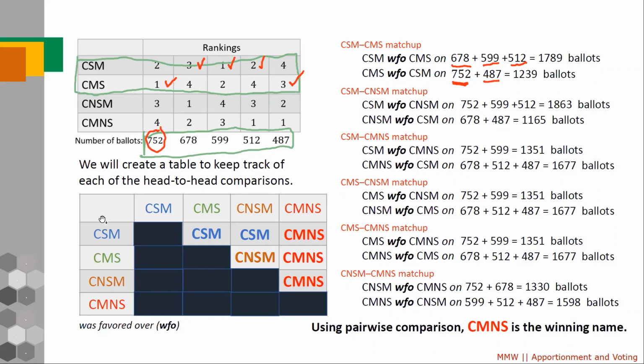CSM, ma'am. So we put CSM there because it wins head to head against CMS. Okay, next, CNSM and CSM.